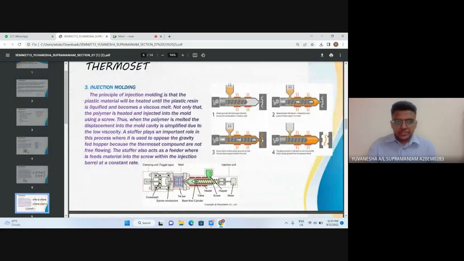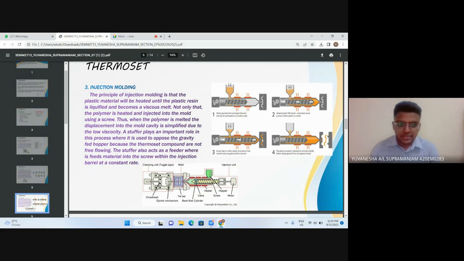The principle of injection molding is that the plastic material will be heated until the plastic resin is liquefied and becomes a viscous melt. Not only that, the polymer is heated and injected into the mold using a screw. Thus, when the polymer is melted, the displacement into the mold cavity is simplified due to the low viscosity.